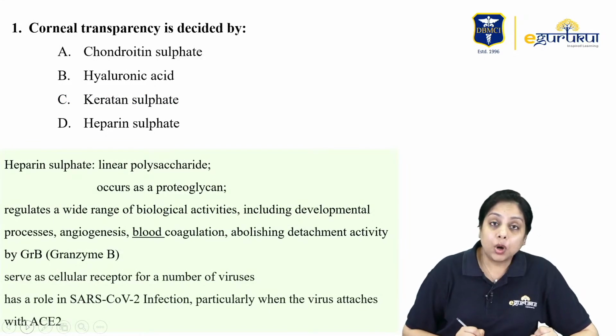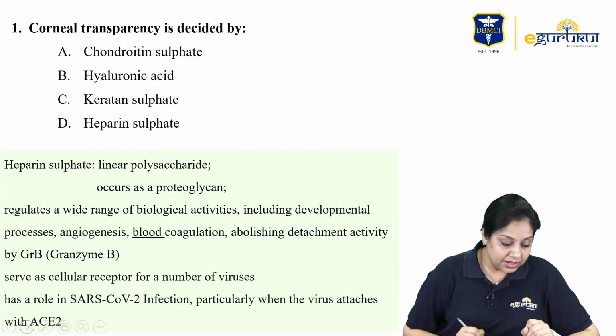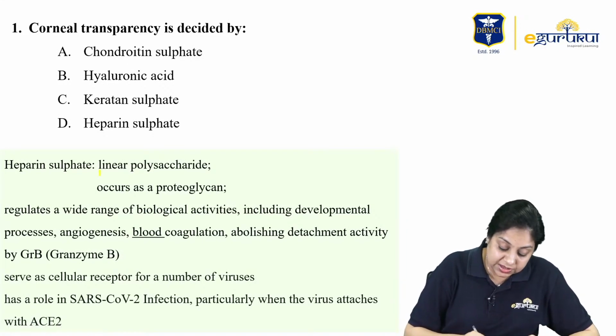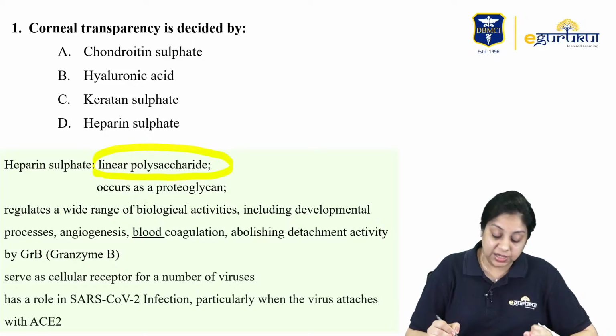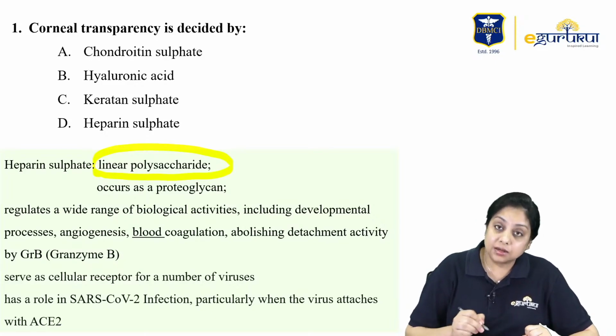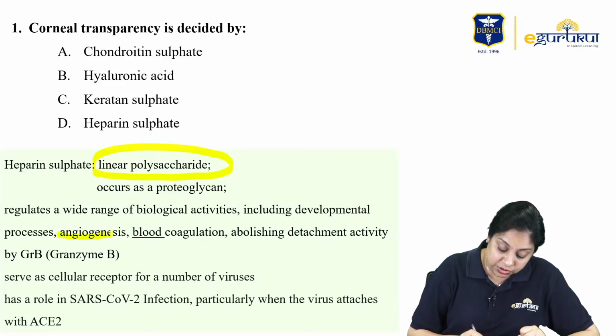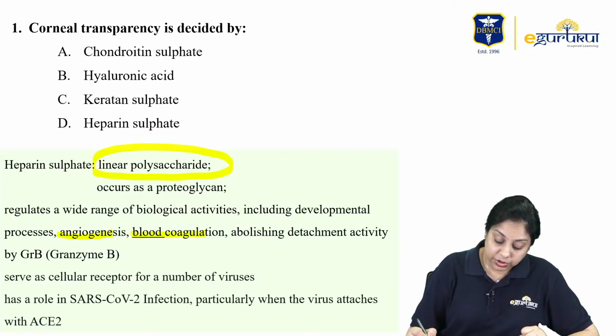So the last option D, that is heparan sulfate, right? I'll discuss this also, though this was not the correct choice, but this is what is usually given as heparin in the exam. Heparin is a linear polysaccharide, and it is mainly involved in angiogenesis and blood coagulation, we know that, right?